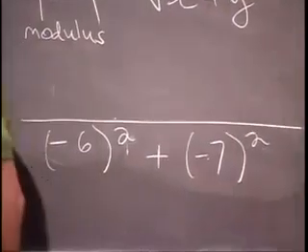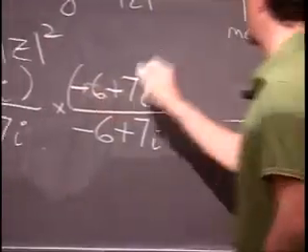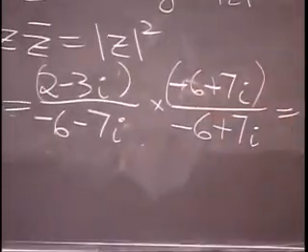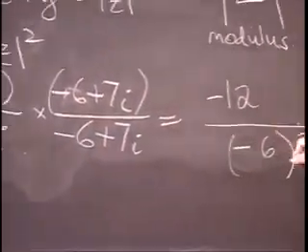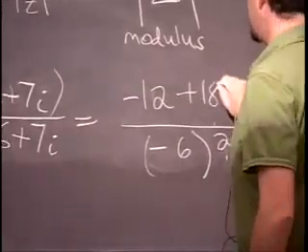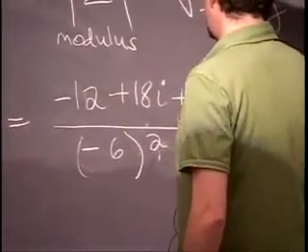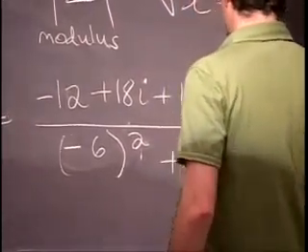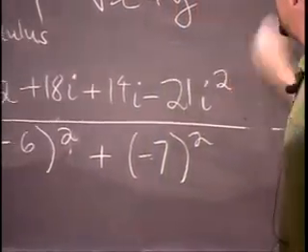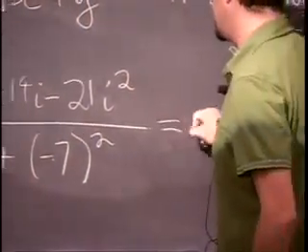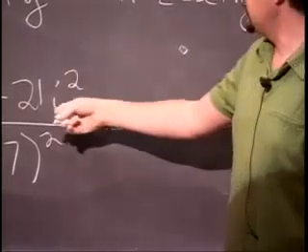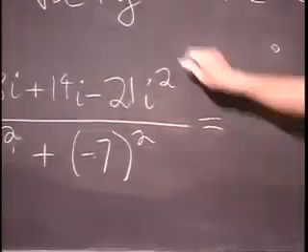Unfortunately, to do the top, you need to do this multiplication again. And so we better multiply it. 2 times minus 6 is a minus 12. I get plus 18i. I get plus 14i minus 21i squared. All right. So let's finish it. What's i squared? Negative 1.